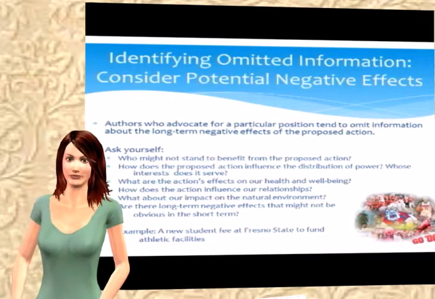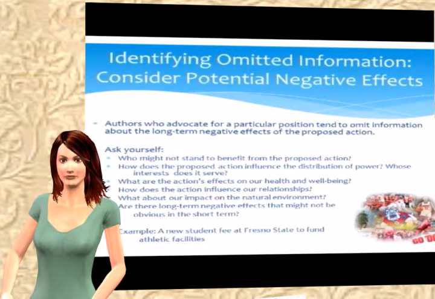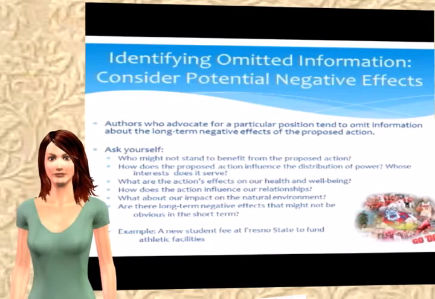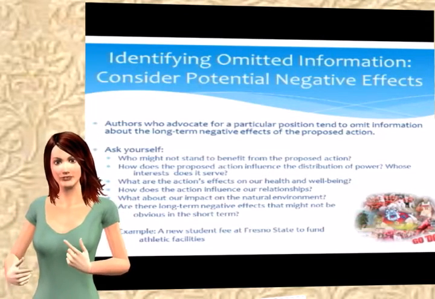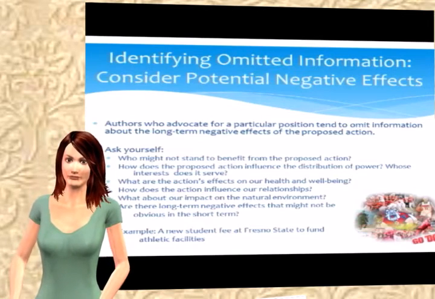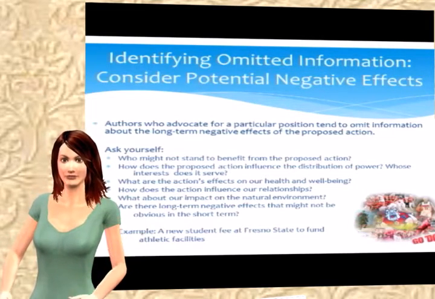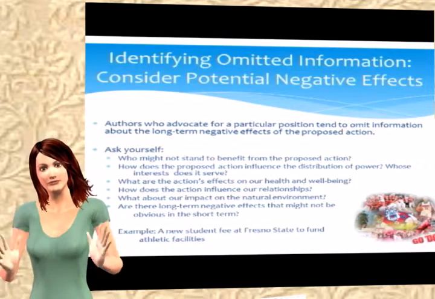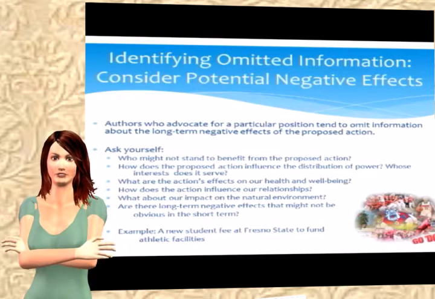So let me talk about this in terms of an example. Say that one of our administrators, say President Castro, he's not doing this, this is just hypothetical, proposed a new student fee at Fresno State specifically to fund new athletic facilities. And in doing so, people who were advocating for this position said, hey, this is going to be a really great way to strengthen the athletic programs at our university.